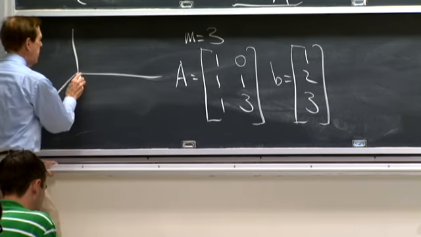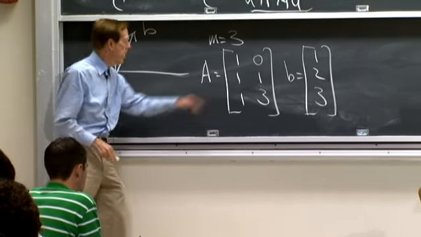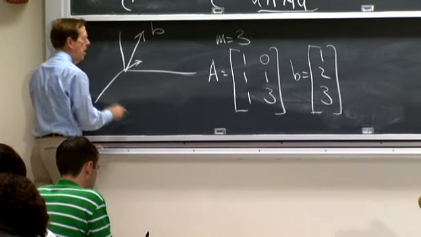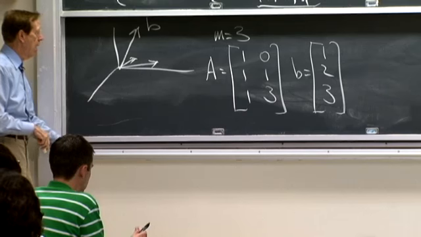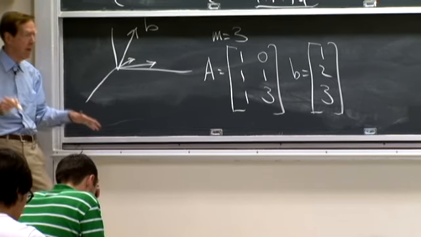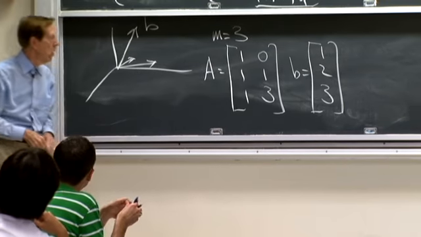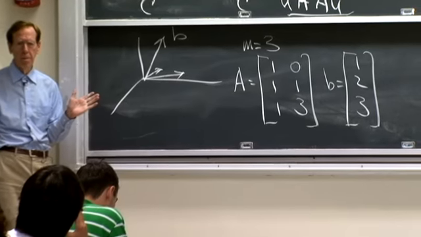And what was the point? If I draw the vector B, it goes there somewhere. If I draw the first column of A, it goes here somewhere. If I draw the second column of A, it goes there somewhere. And if I draw all combinations of these columns, all combinations of that vector and that vector, what do I get?